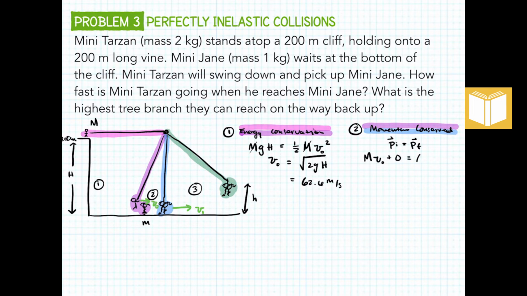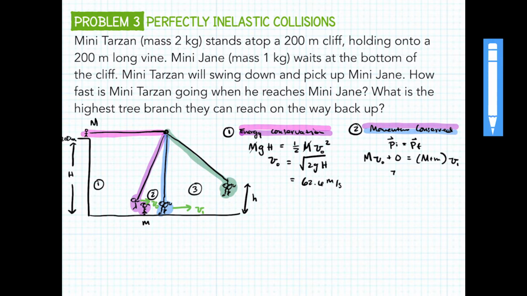And then finally, it's gonna be m plus m. We'll call that v1. Okay, so v1 is gonna be equal to mass times the initial velocity divided by the total mass. So that's going to be 2 kilograms times 62.6 meters per second divided by 3 kilograms.